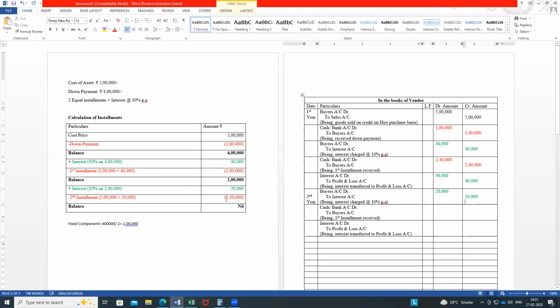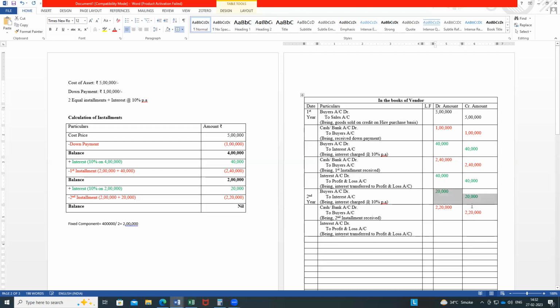Now, the installment amount, the second installment जब भी receive हुआ, we will say we received second installment, no doubt. But यहाँ cash या bank account debit to buyer's account means same entry, but the amount would differ. And the last entry would be transferring this interest amount to profit and loss account.